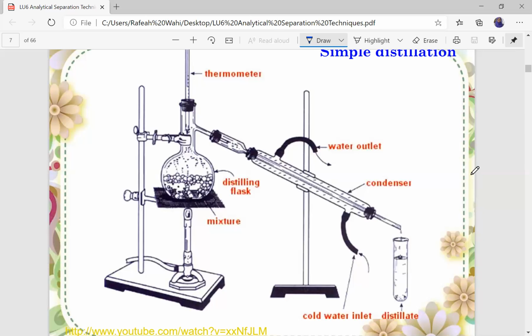Let's look at another example when you have tap water in the laboratory and you want to convert the water into distilled water.